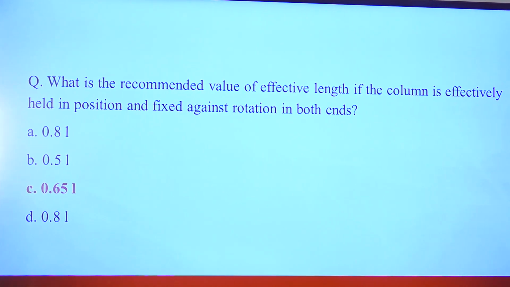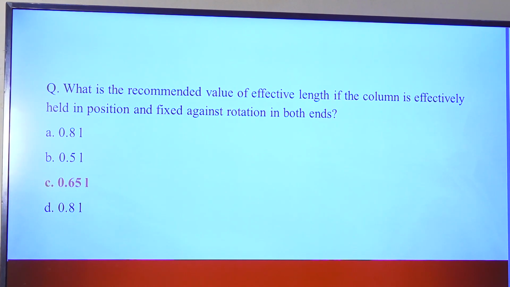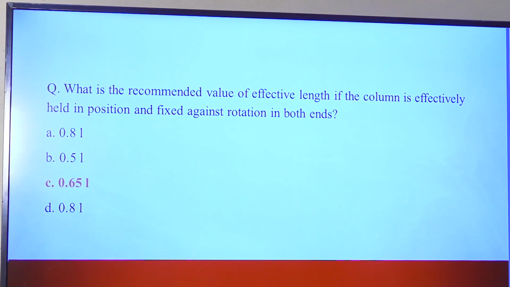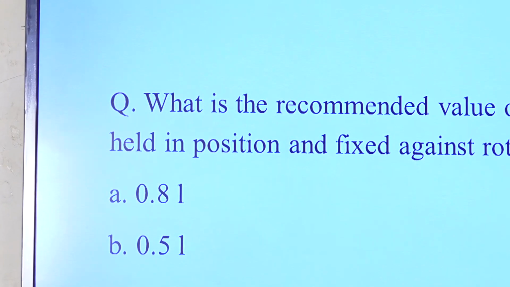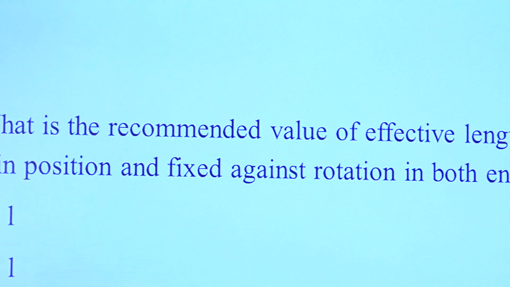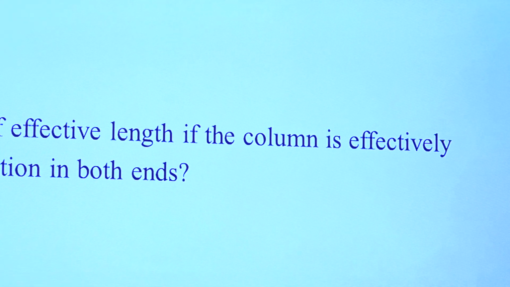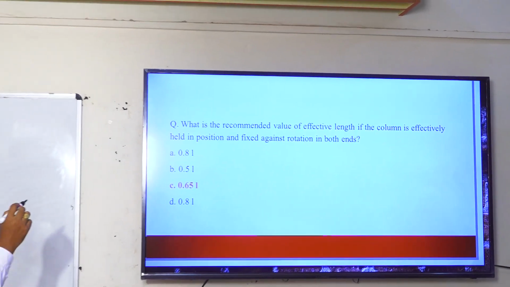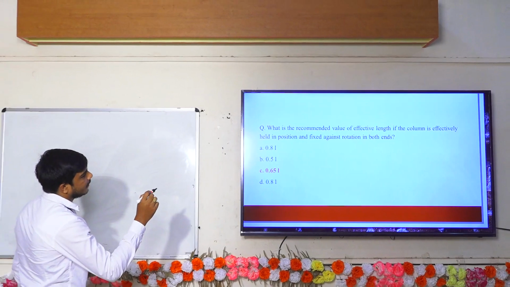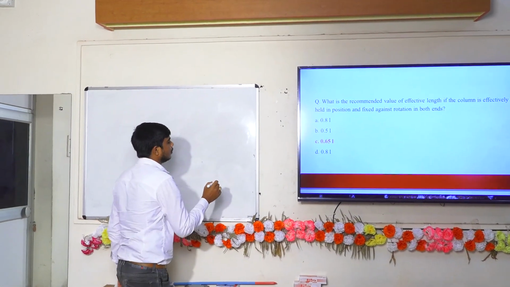Next question, what is the recommended value of effective length if the column is effectively held in position and fixed against rotation at both ends? Here the constraints are, the column is effectively held in position and fixed against rotation.